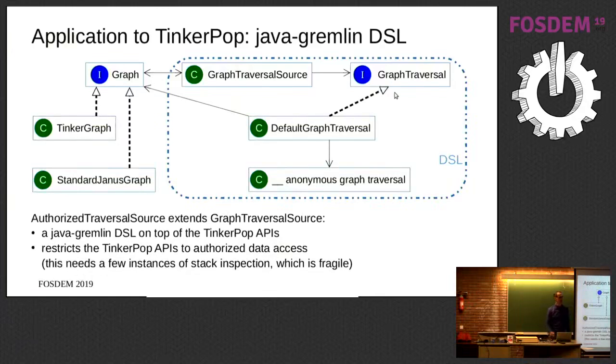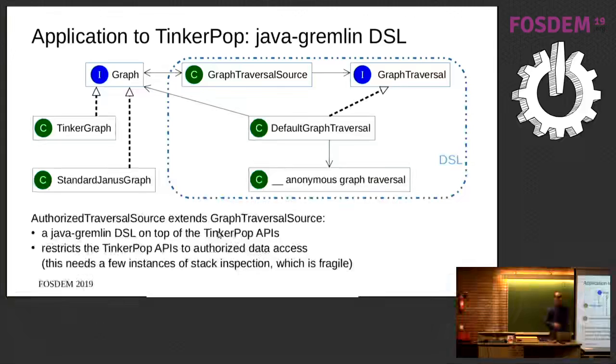So what we do to have access control in this: those four classes and interfaces make up the Gremlin query language, and this is the Java Gremlin DSL. What we have to do is just slightly extend those four classes and interfaces.